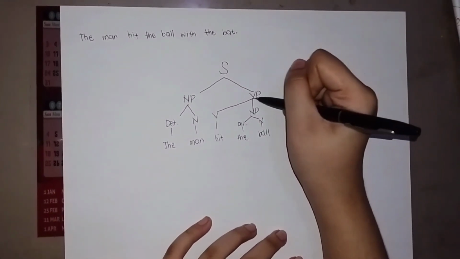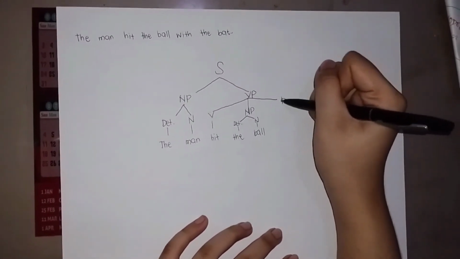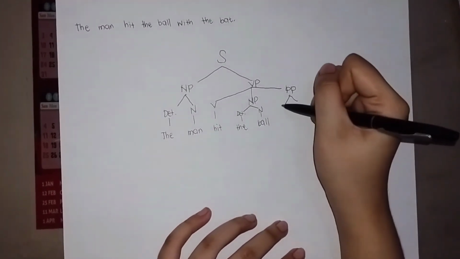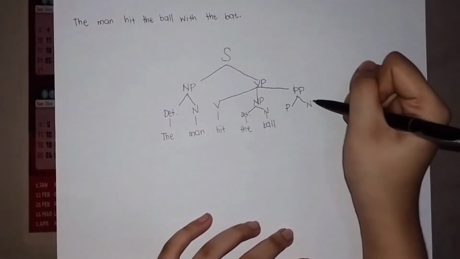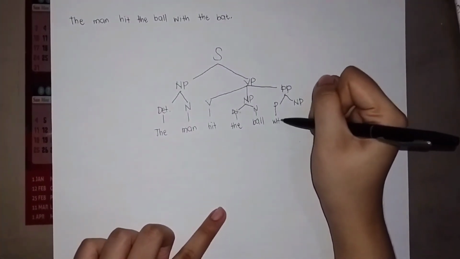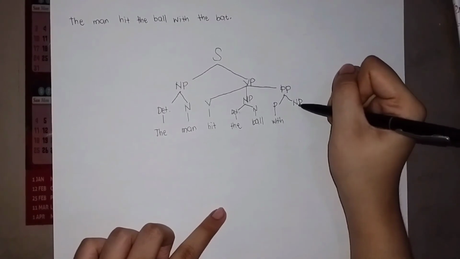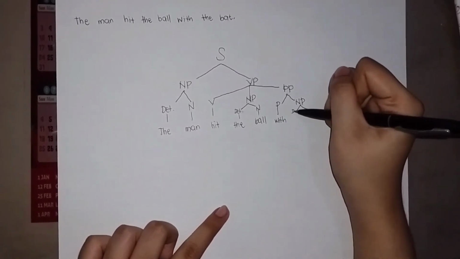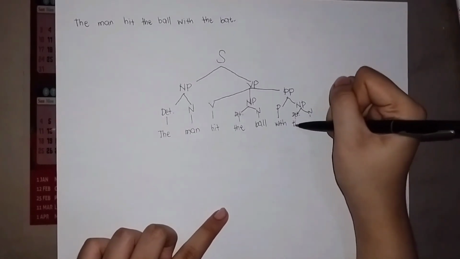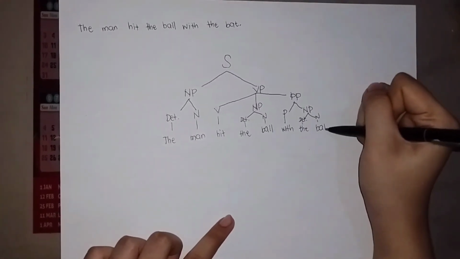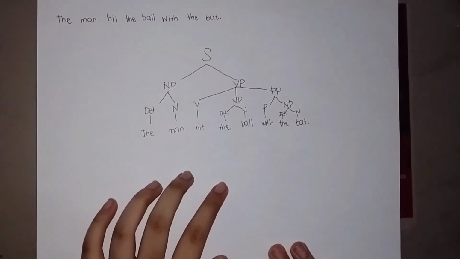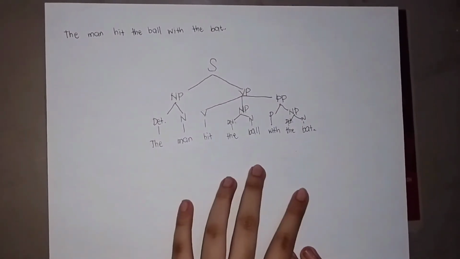Let's put a prepositional phrase here, and a preposition and the noun phrase. So the preposition is with. Then the noun phrase, the bat. Determiner and the noun. I'm sorry it's kinda messy, but I hope you're getting the point. The man hit the ball with the bat.